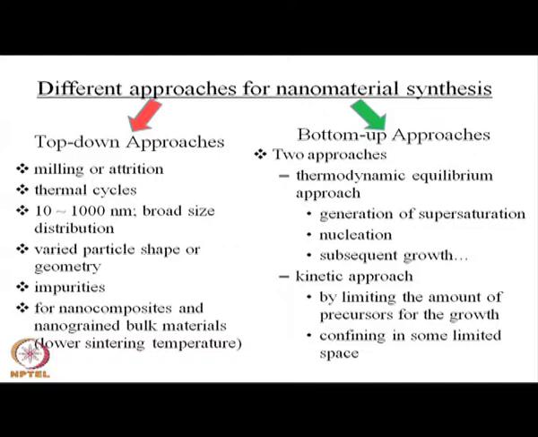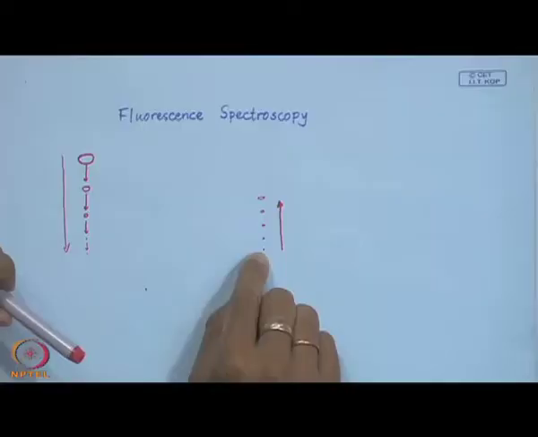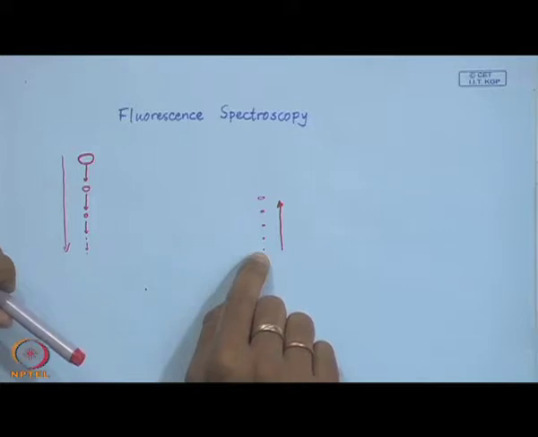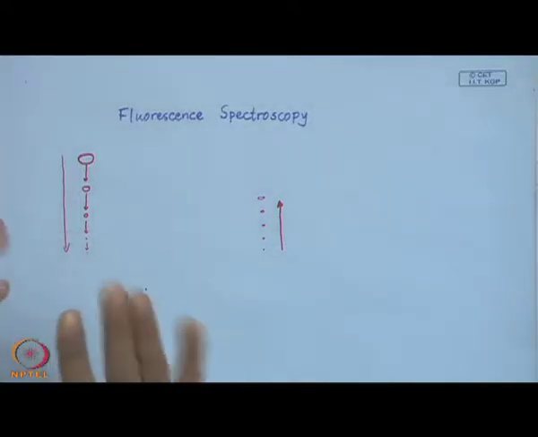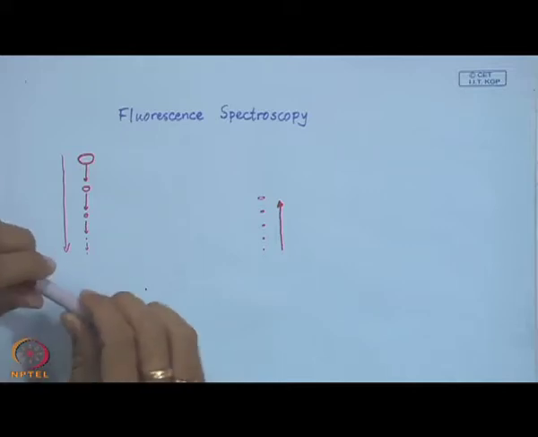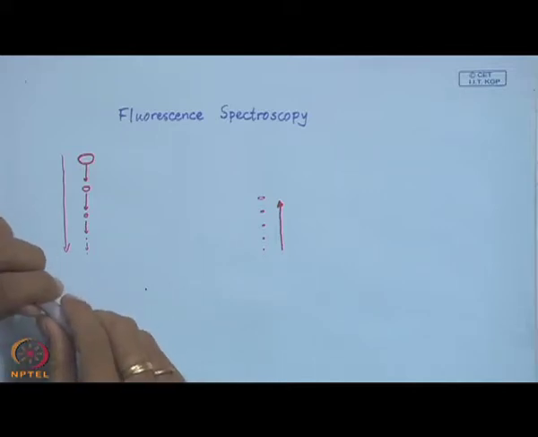It works by limiting the amount of precursors for the growth. If you do not supply too much precursor, then the process will stop at some point, and depending on the kinetics of the process, ultimately the one which is kinetically controlled may form to a larger extent.